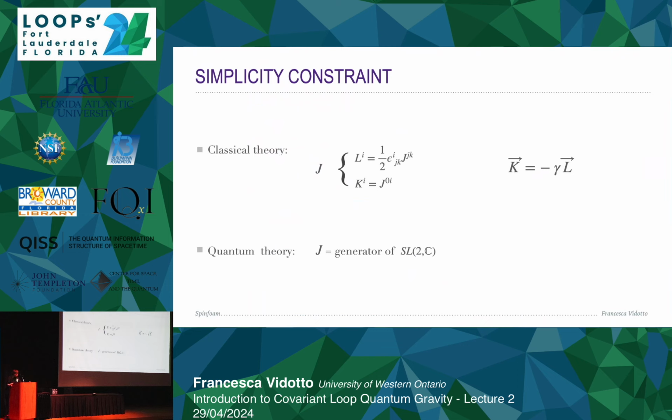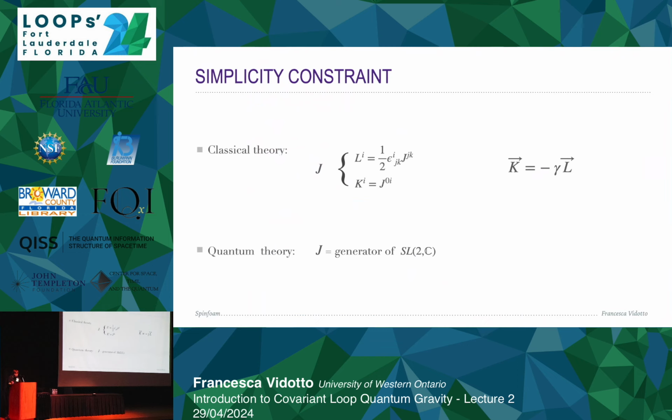So now I am ready to interpret these two objects in the quantum theory, because J is the generator of SL(2,C) transformations, the generator of Lorentz transformations. But the Lorentz group, we said, can be decomposed into boosts and rotations.